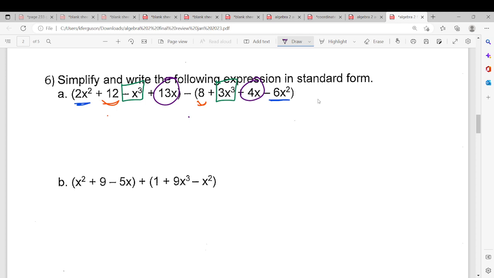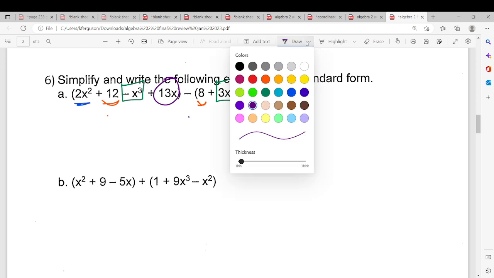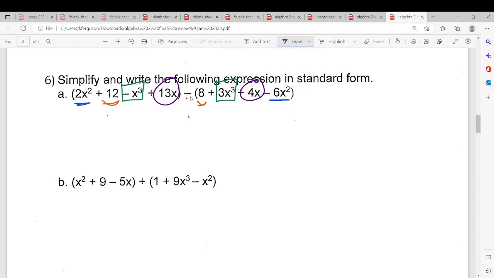So I can combine all those terms, except one thing first. What's the first thing I need to do? Distribute the negative. Thank you, sir. Because this is a subtraction problem, this minus all of this, I need to distribute the negative, which is just change the signs. So let's rewrite this. The first part is going to stay the same.